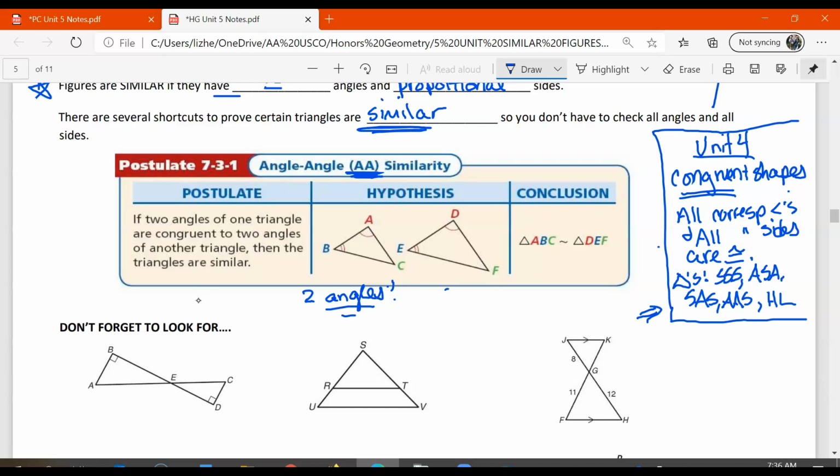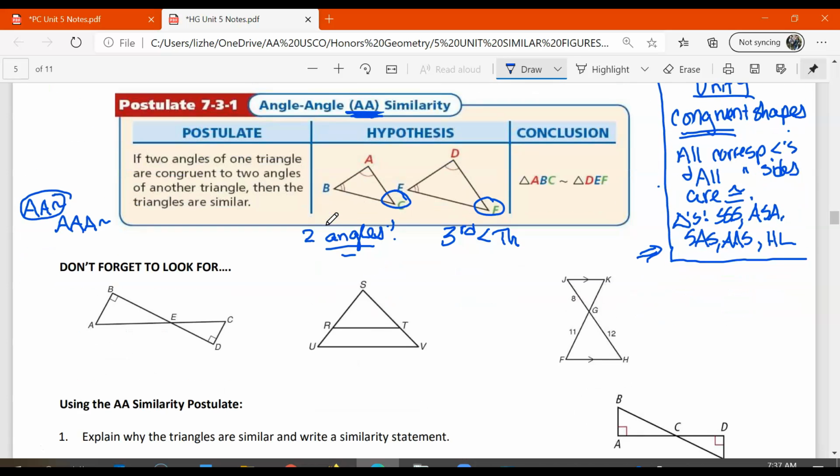Remember, the third angle theorem says that if two angles are congruent, then these third angles have to be congruent. And so technically, if you have AA similarity, then of course you also have AAA similarity, but we use the AA. So just use AA. You only need two congruent angles in order to prove your triangles are similar.